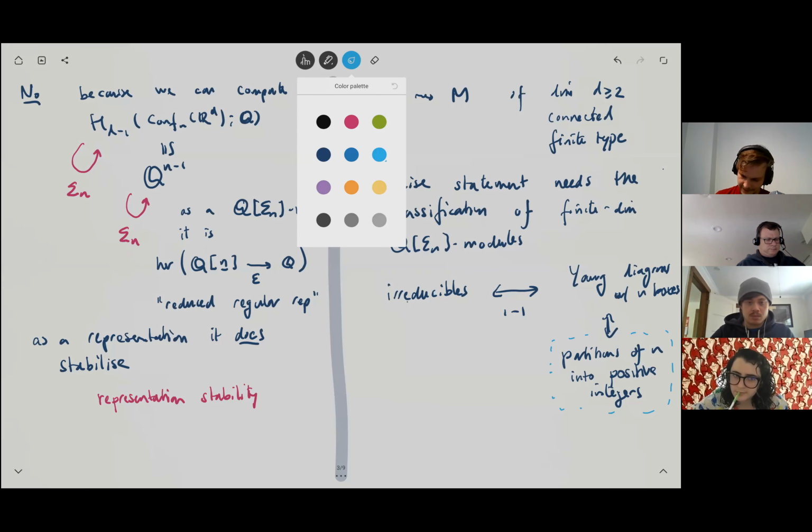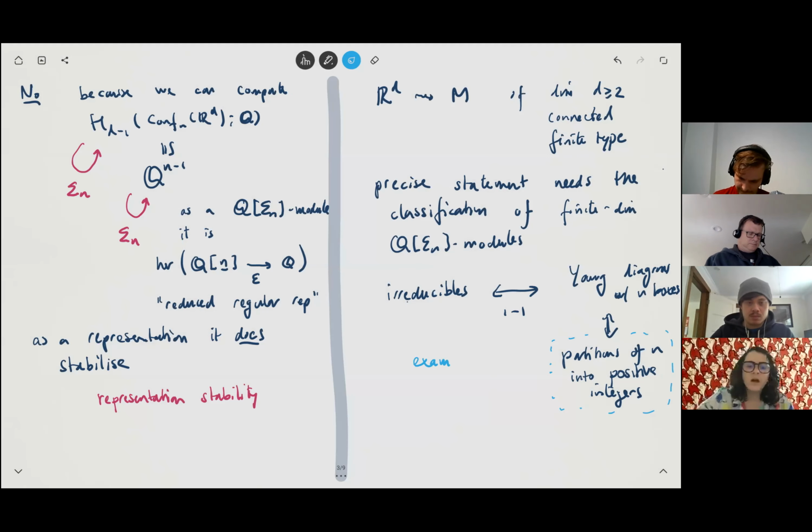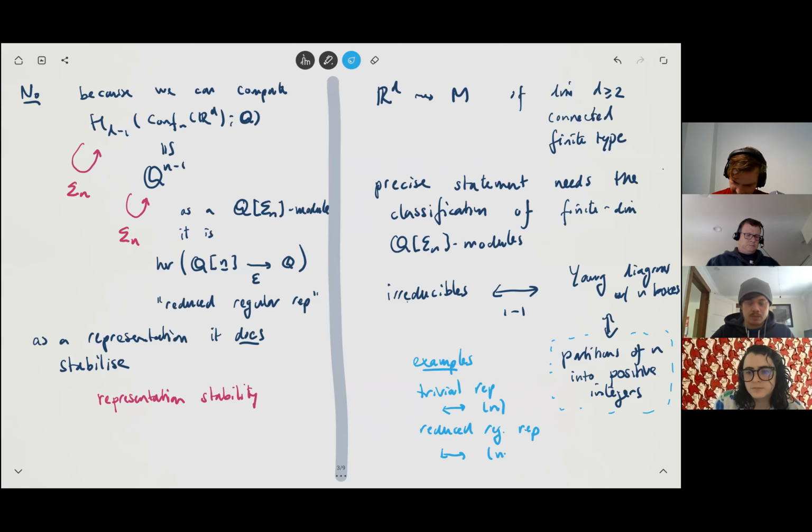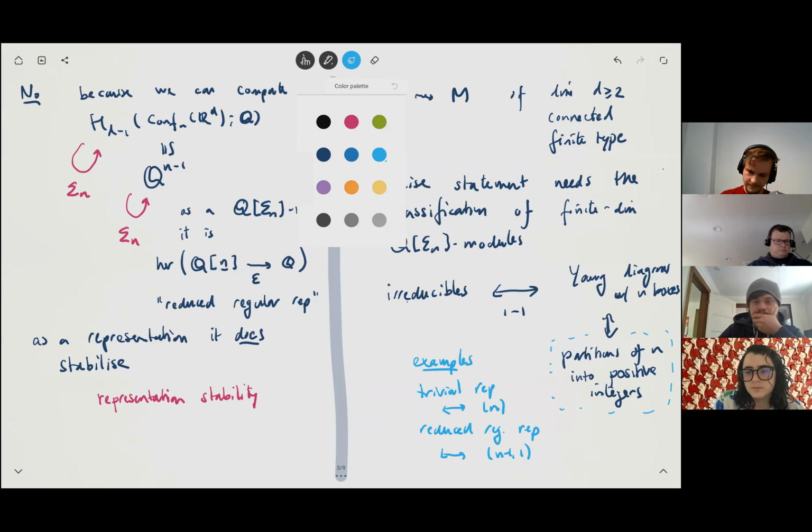And give some examples. So the trivial representation corresponds to the partition writing the number n as just n. And this reduced regular representation corresponds to writing n as the sum of n-1 and 1. Okay.